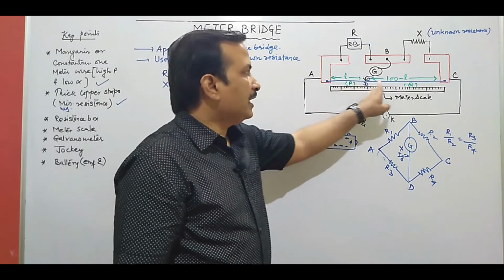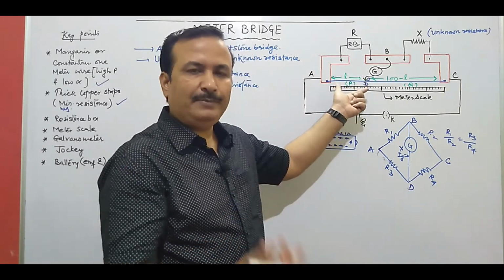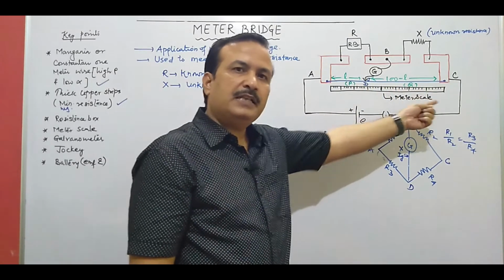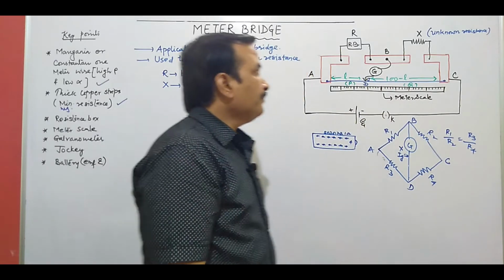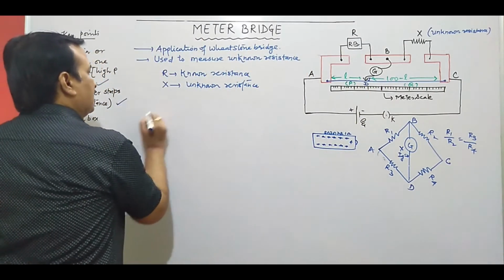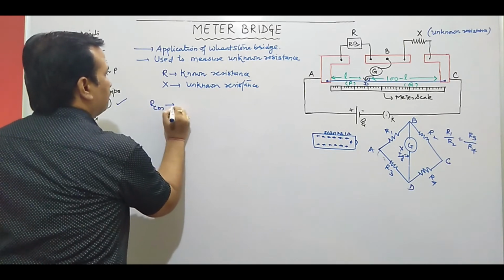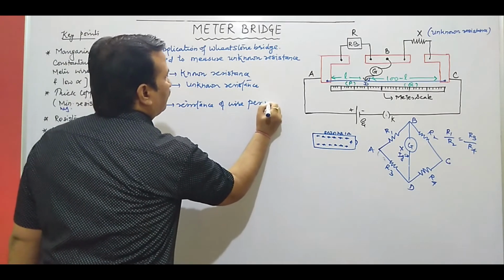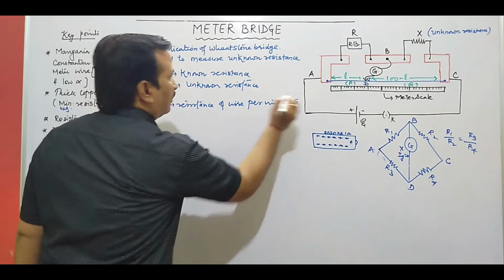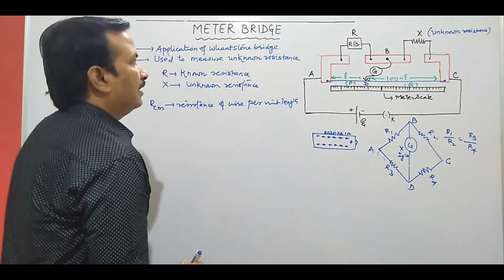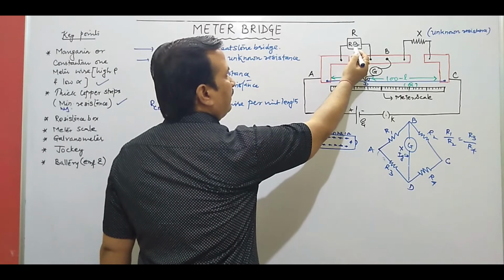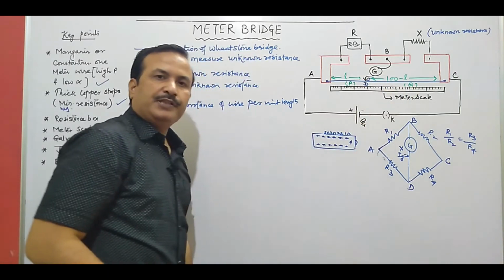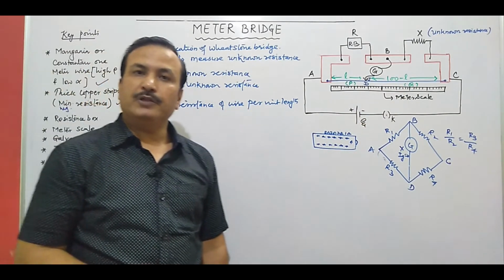Now when you slide the jockey, you will find a length L centimeters, 30 centimeter, 40 centimeter like that. The remaining will be 100 minus L because this is total 100 centimeter, right? So if we take RCM be the resistance of wire per unit length, then you will find here the resistance will be RCM into L, RCM into 100 minus L, because you know resistance is directly proportional to length of the wire.